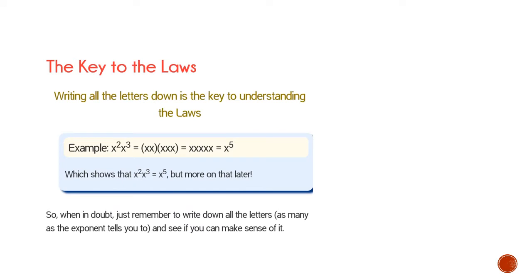The key to the laws. It's been stated here that writing all the letters down is the key to understanding the laws. Dito sinasabi lang na mas iintindihan natin yung law of exponent kapag yung mga letters daw is binreak down natin into pieces. Alam naman natin na yung exponent ay nag-i-indicate kung gaano karaming beses natin imumultiply yung ating number or yung ating base.